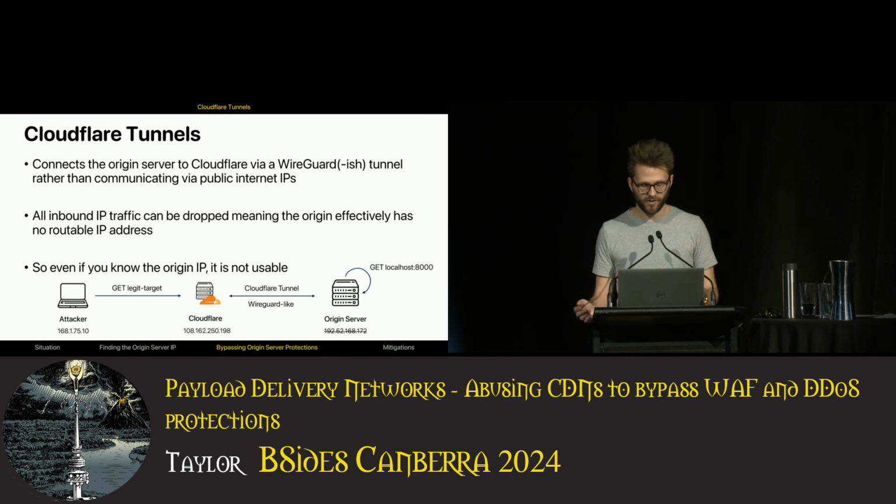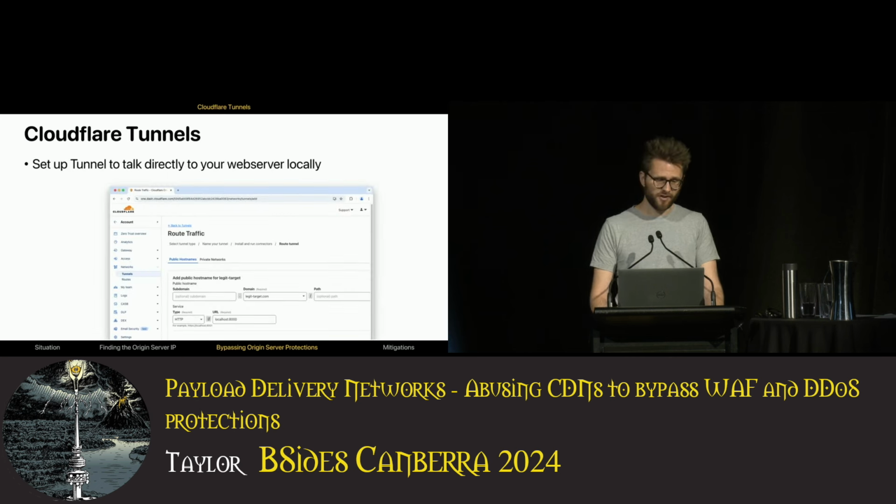Because the legitimate flow is that we get our legit target, it goes to Cloudflare, and then it talks under that tunnel rather than by making a request to an IP. Then on the origin server side, there's an agent that sits there that just reaches out to the listening web server locally, and you don't have to use the public internet for that part, or IP.